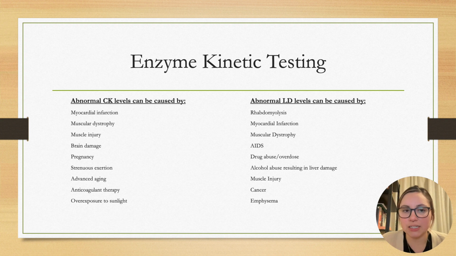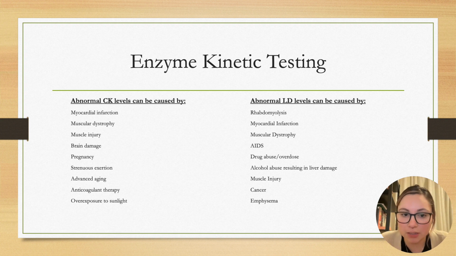CK, or creatine kinase. CK converts ADP into ATP, and adult humans can only survive 1 to 2 minutes without ATP generating reactions. Because CK functions normally only inside of cells of organs and muscles, if there are abnormal levels of CK in the blood, it can signify tissue damage.